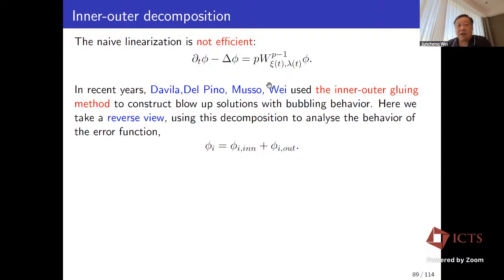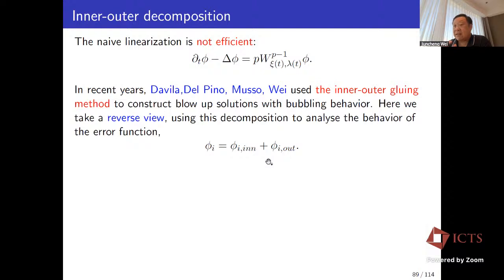So in the last 3 talks we used the inner-outer gluing. In the last talk we considered a blow-up solution with bubbling behavior. So here we take a reversed view. We already have a solution, and we decompose our solution into inner part and outer part.